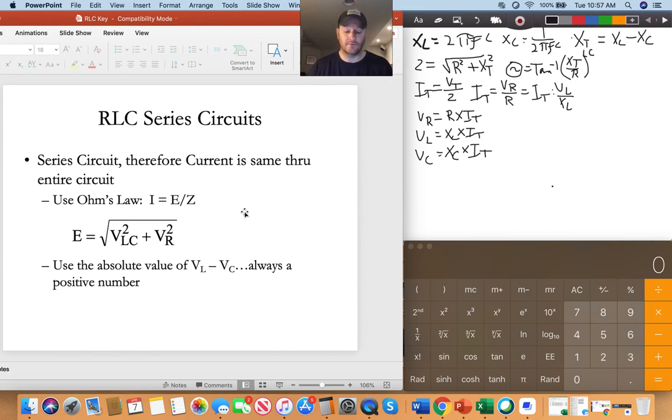If we wanted to get our voltage total, if that wasn't known, then our formula would look like this.